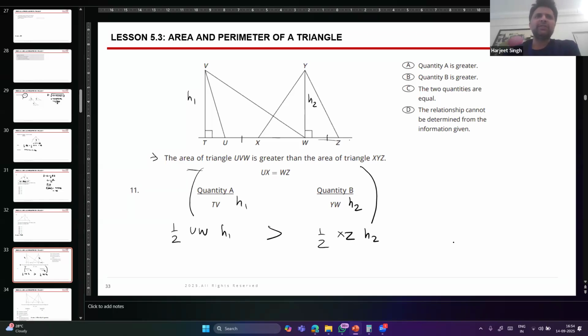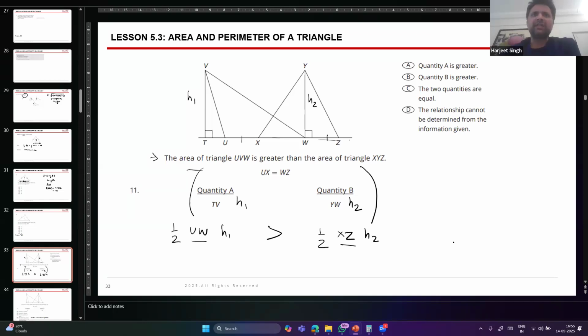So all that we have to do is to find H1 and H2, we need the relationship between UW and XZ. Now they're saying UX is equal to WZ.